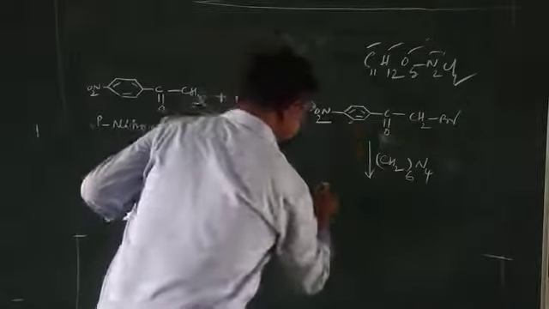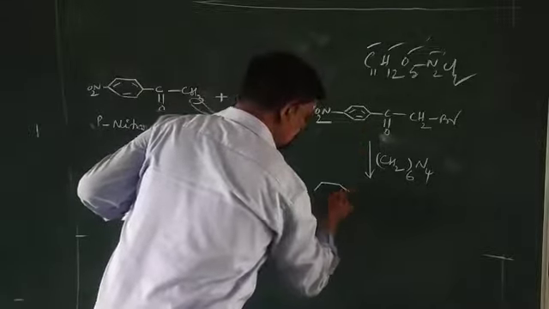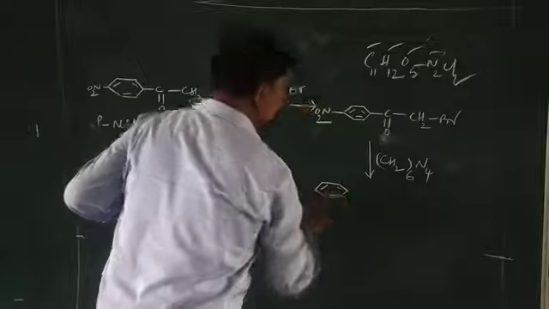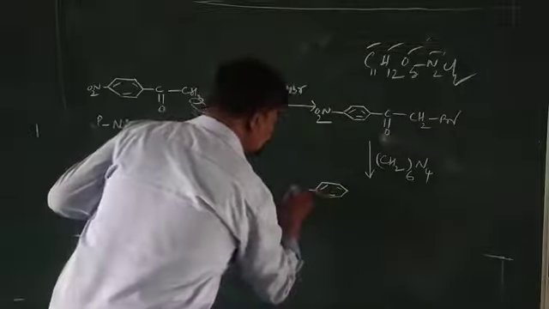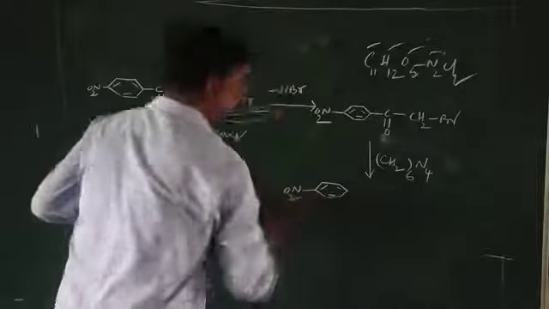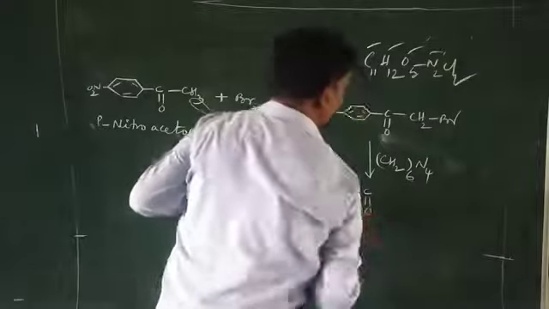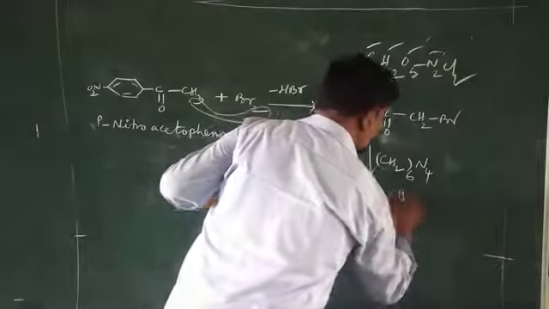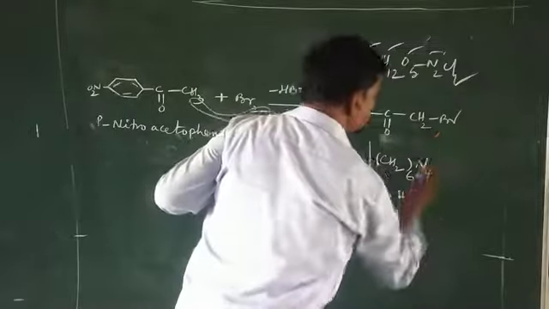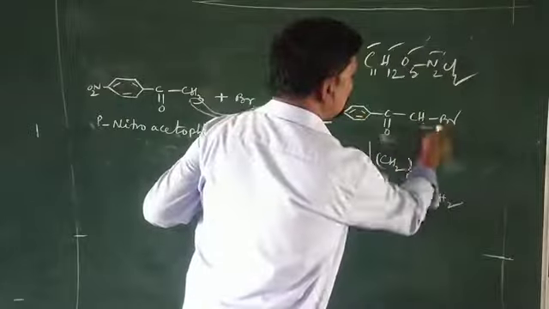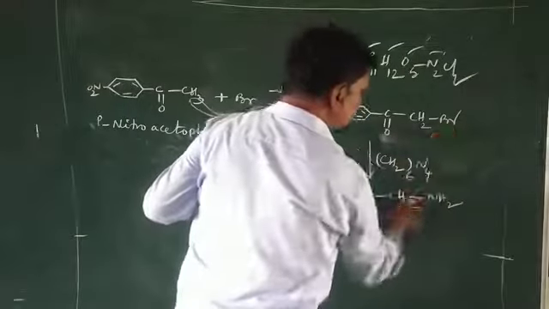As usual, so draw the benzene ring. This portion benzene ring. Here position NO2 is there. Here in this position C double bond O. Here CH2. So bromine converted to amino group. Like alkyl halide converted to alkyl amine.